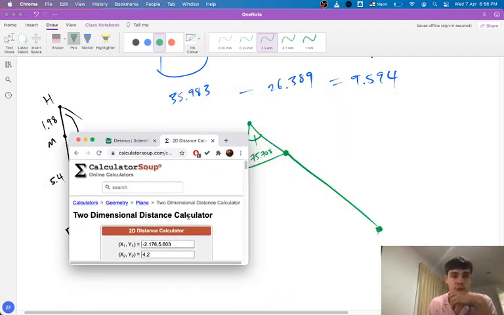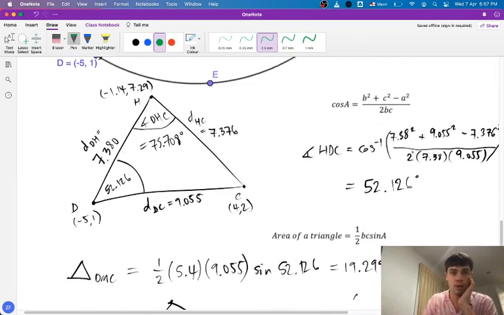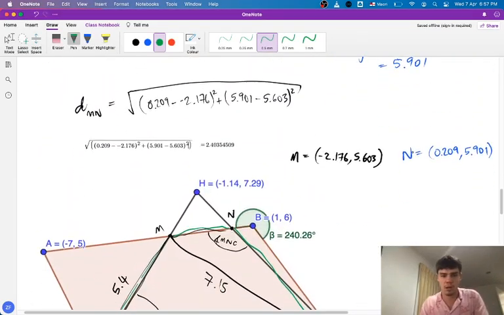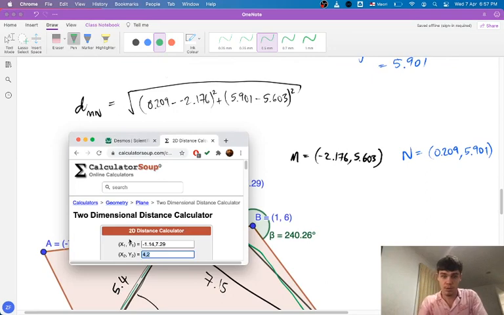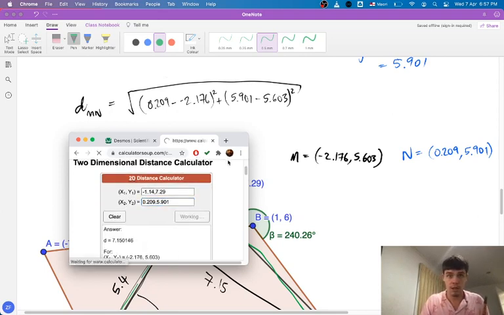Okay, so we know what H is. H is negative 1.14 and 7.29. Now we just need to remember what N was. Where did I put N? So it's 0.209 and 5.901. We'll calculate that.